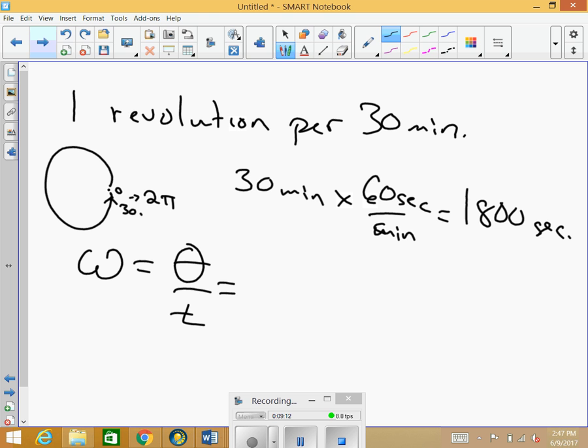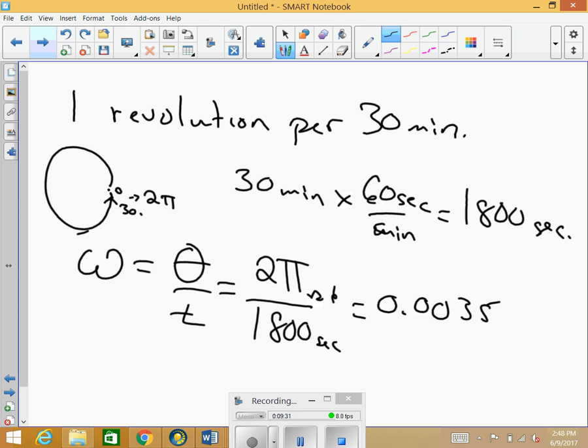I know it goes around once, and one time around is 2 pi radians over 1800 seconds, so radians per second. And that equals, if I want to get really down, 0.0035 radians a second. So that's a relatively quick revolution around.